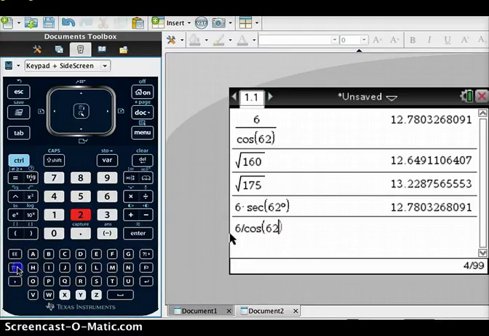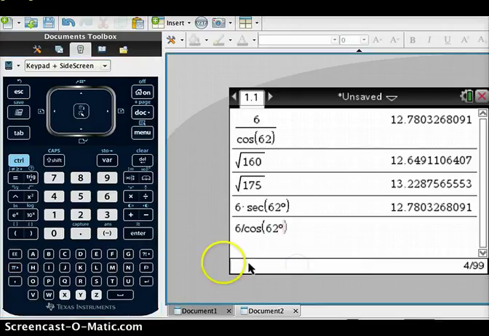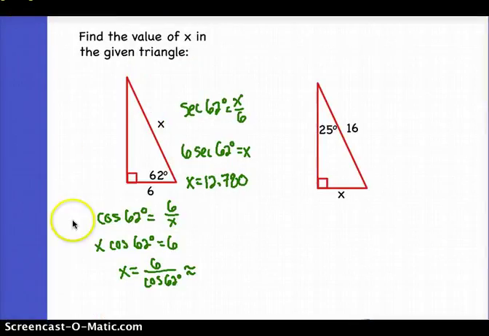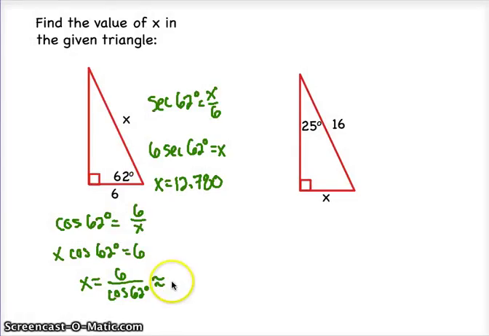Remember, I'm in radian mode, so I'm going to press degrees, and I'll get that exact same answer. So either way, we will end up with 12.780.